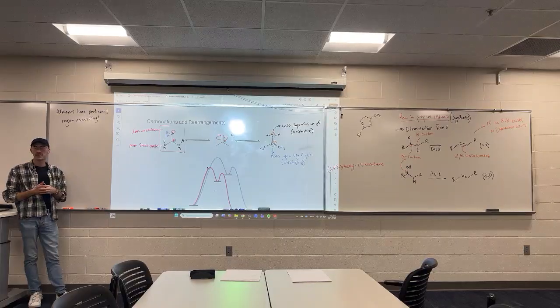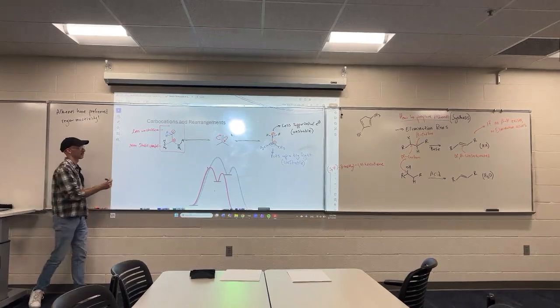So which of these resonance forms is preferred? Which of these resonance forms is more stable? Structure on the left.